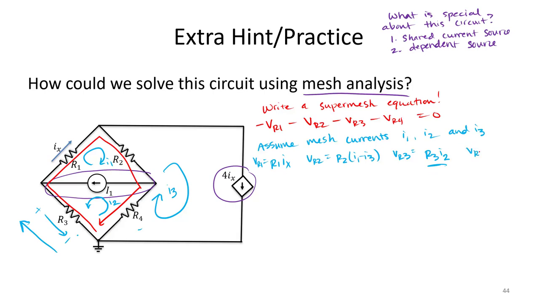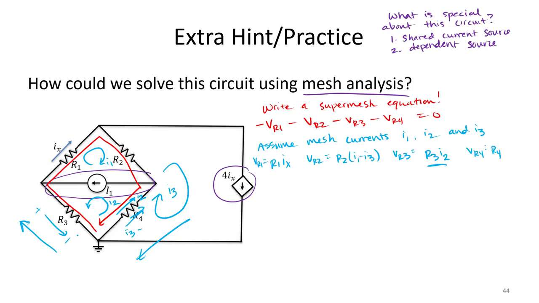And then finally, voltage across R4, well, that's just R4 times, well, what do we have? We have I3 going this way, and we have I2 also going in the same direction. But we are walking the other way, so again, be careful.